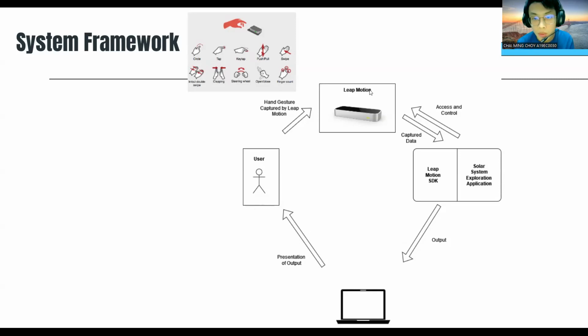The input by the user will be captured by the Leap Motion controller device, and the data captured by the device is then accessed and controlled by using the Leap Motion SDK in Unity. By analyzing the data captured from Leap Motion, the application will present the output onto the display, which is the screen of the laptop, to present to the user.